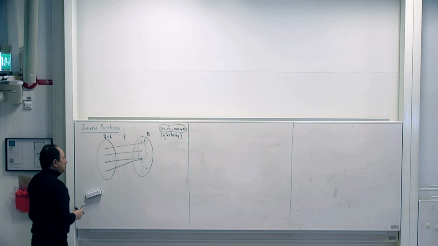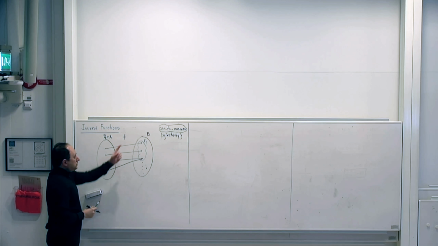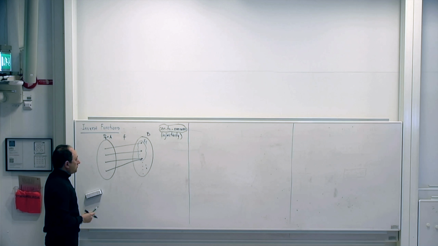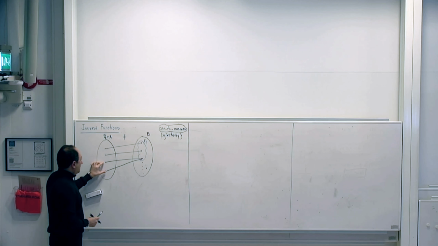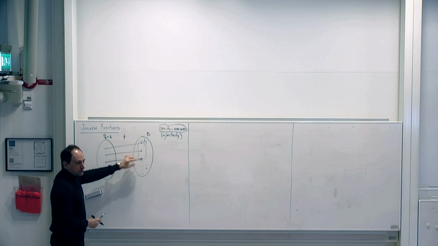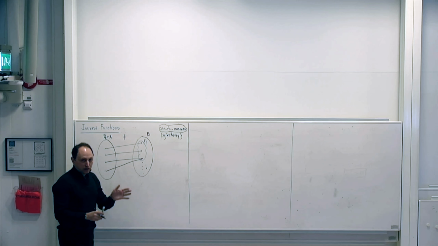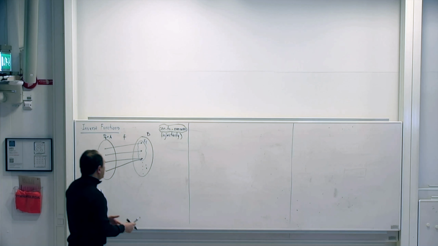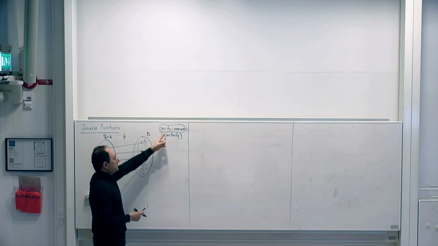Okay, so what is the meaning of one-to-one? One-to-one is a notion that prevents this from happening. This is a function, but it is not one-to-one, because two distinct elements of the domain are going to the same element. If this happens, it doesn't violate the definition of being a function, but it violates what we are going to introduce as one-to-one.